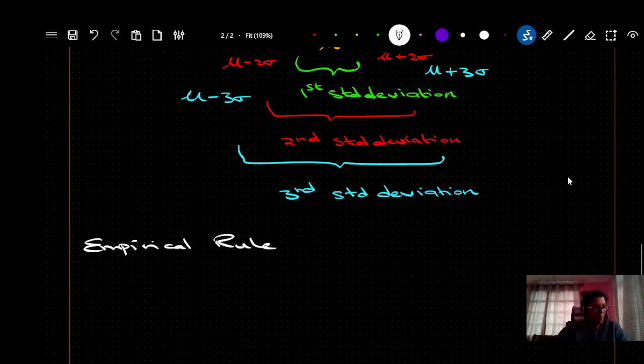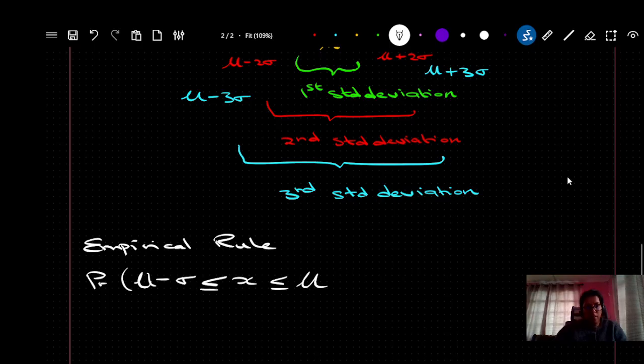So we say the probability that x lies between mu minus sigma and mu plus sigma represents 68%.